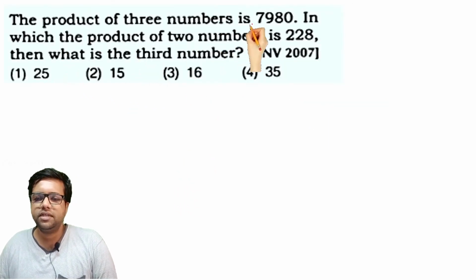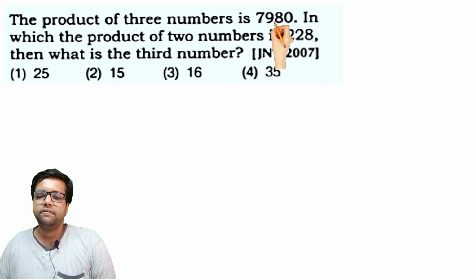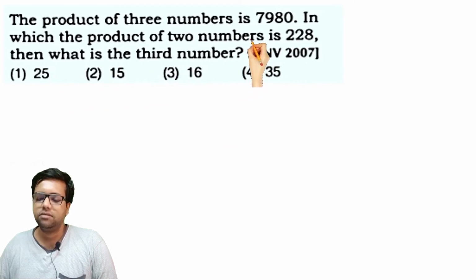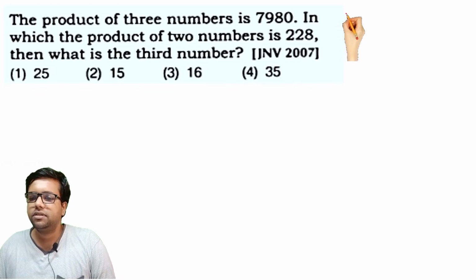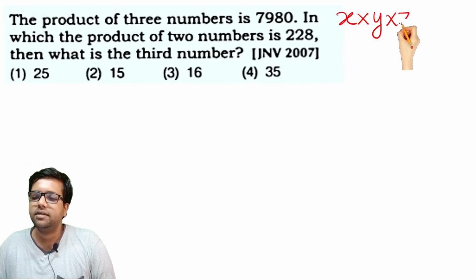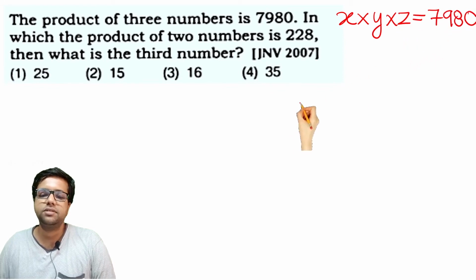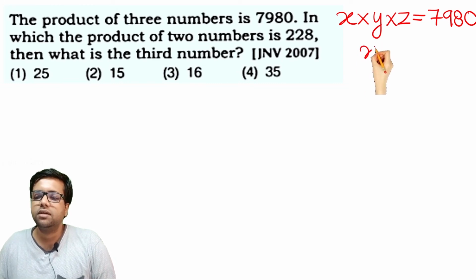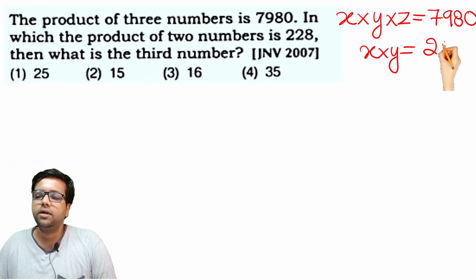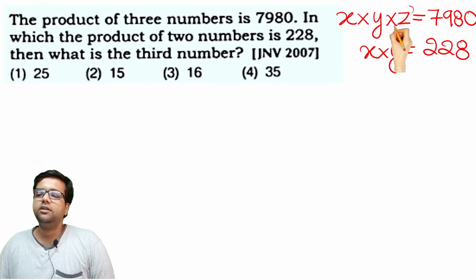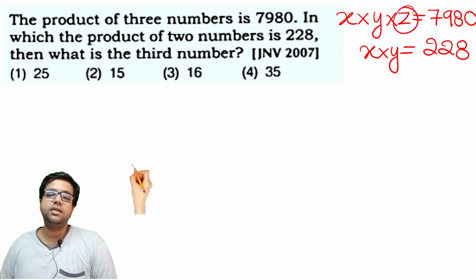The product of 3 numbers is 7980, in which the product of 2 numbers is 228. What is the third number? Let us call the 3 numbers x, y, z. When I multiply all 3, I will get 7980. This is given in the question. And the product of 2 numbers, x and y, is 228. Now I need to find the value of the third number, z.